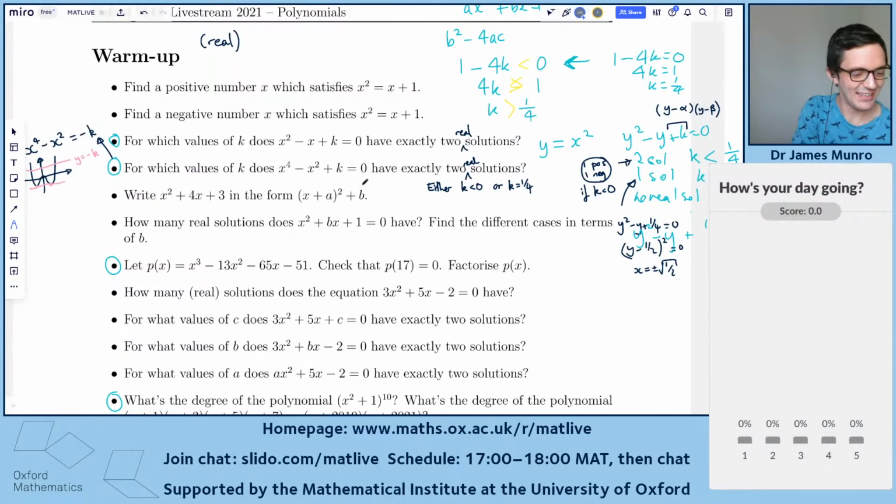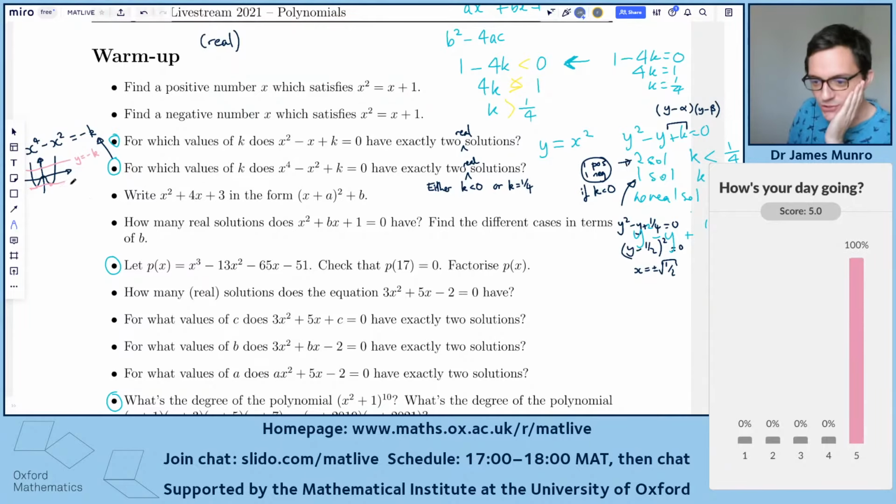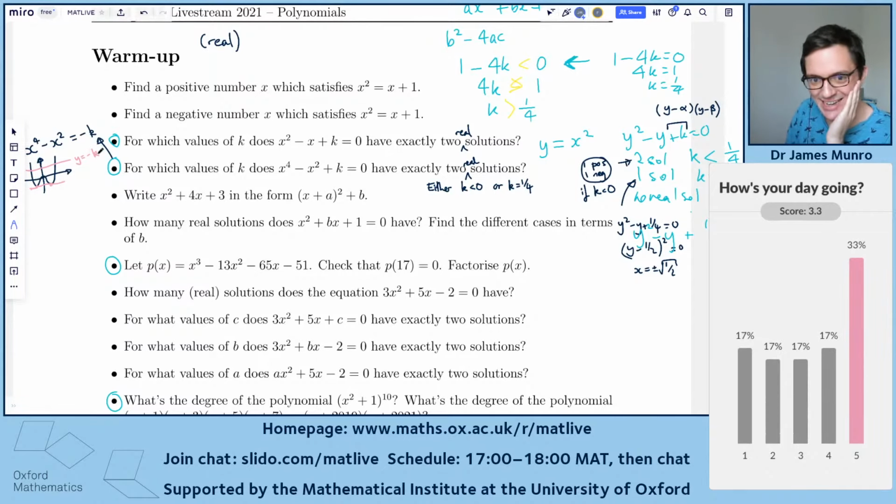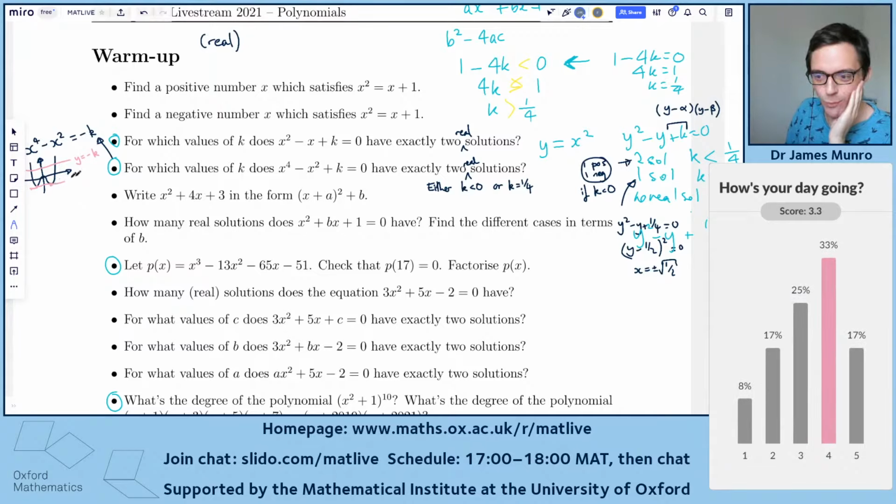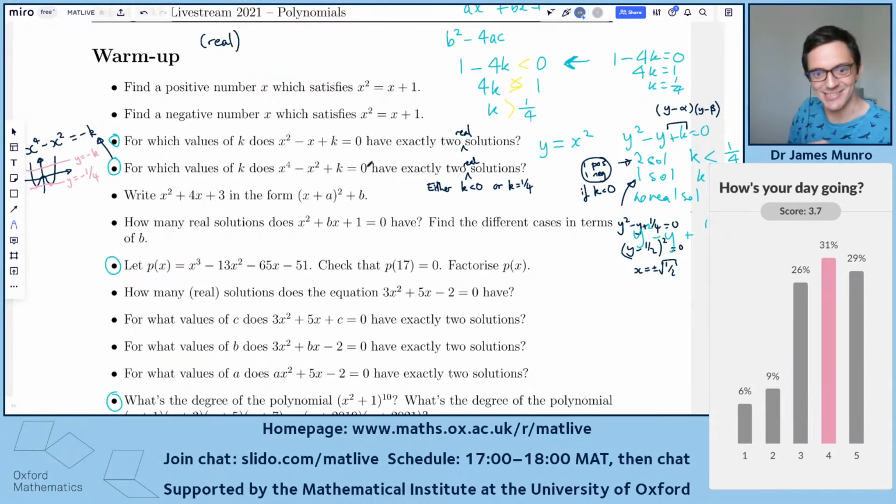Nice. Cool. Why is it positive a quarter is a good question. I'm still reading out chat behind the poll. It's positive a quarter because this is the line y equals minus k. So down here is the line y equals minus 1/4 to hit both minima, but it's the line y equals minus k because I moved this k onto the other side.